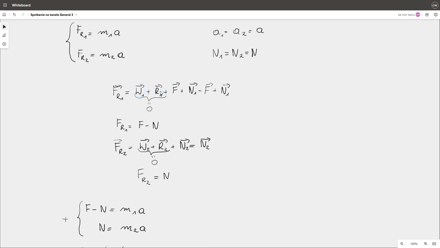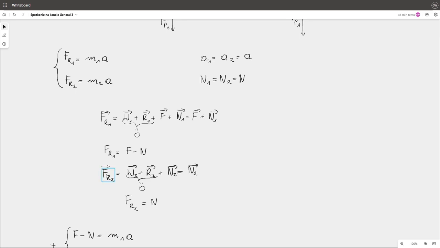Weight W1 and normal force R1 cancel each other, so resultant force vector Fr1 equals F plus N1. And magnitude of this vector is equal to magnitude of F minus magnitude of N, because F and N1 are opposite to each other.